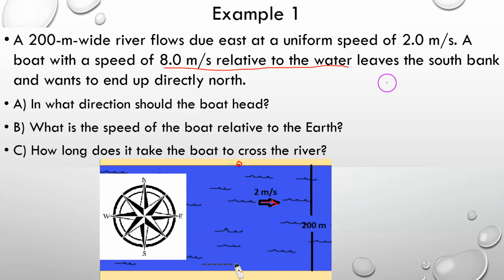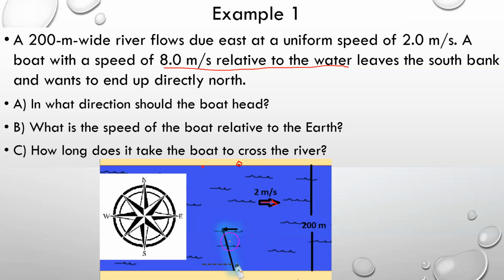And again, relative to the water, that means if someone were floating in this water, they would see the boat doing this and end up a little bit right around here. What that means is that in contrast to the other types of problems we were solving, the hypotenuse of the triangle this time is the 8 rather than one of the legs of the triangle being 8. So the boat heads something like that.